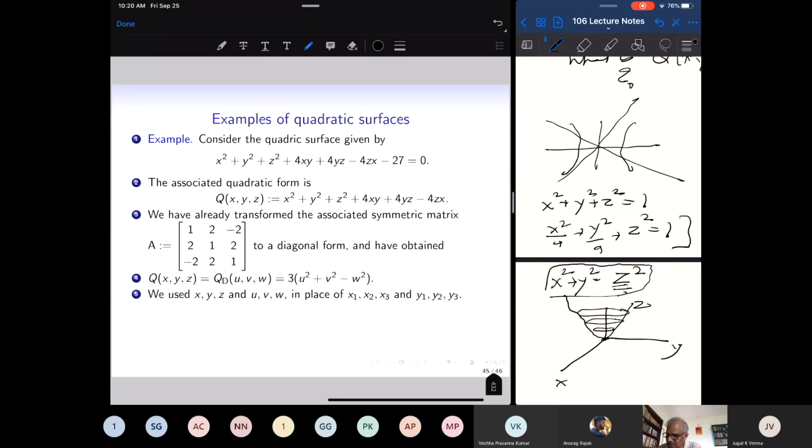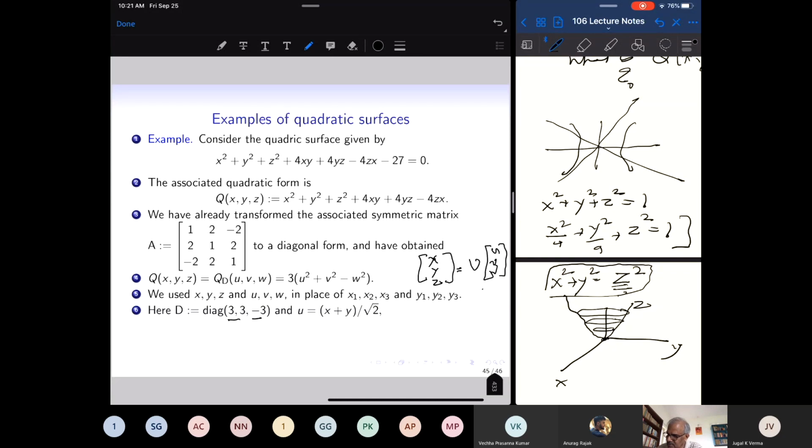Here I am not writing xi, yi, etc. The original coordinates are x, y, z. The new coordinates are u, v, w. The eigenvalues are 3, 3, minus 3. This is the change of coordinates, given by x, y, z equal to the matrix of eigenvectors times u, v, w.